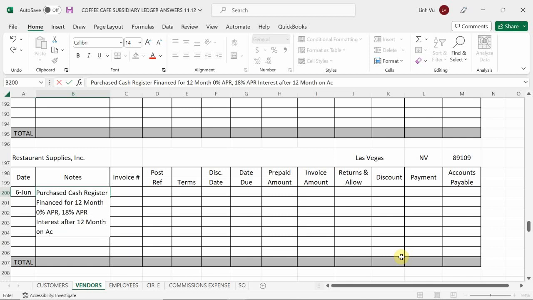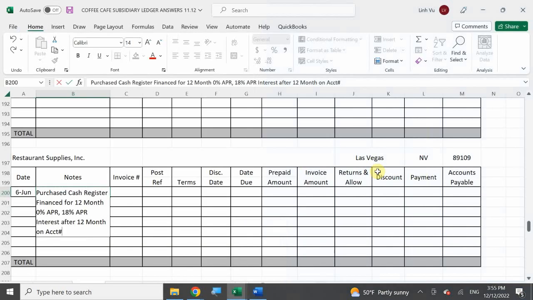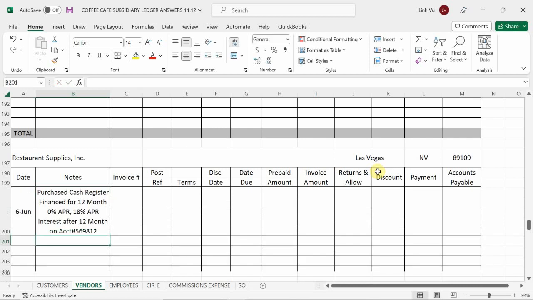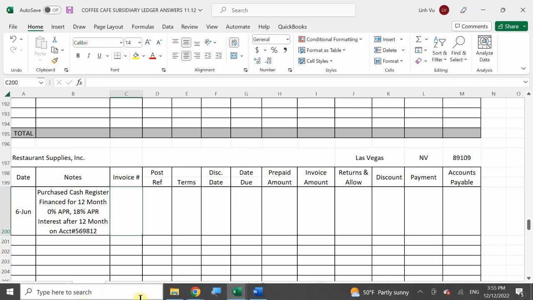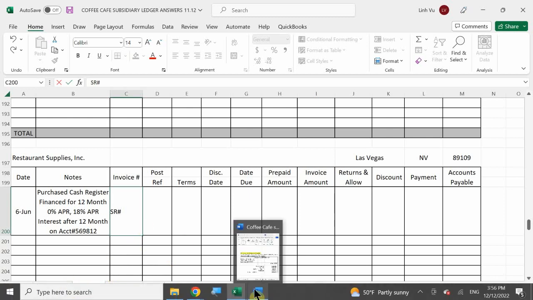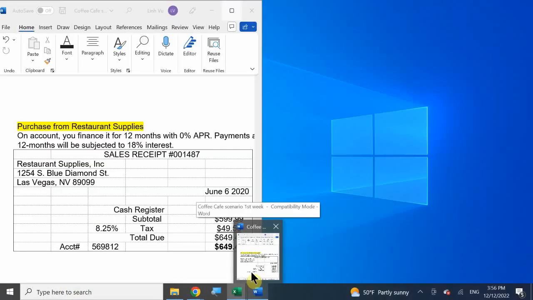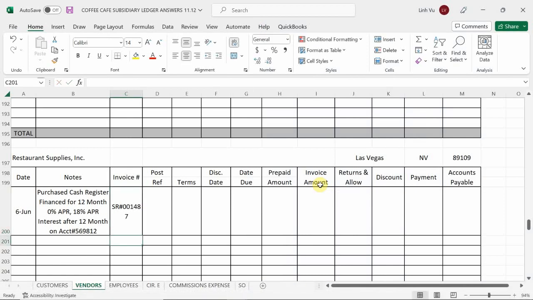On account number 569812. And for the invoice number, in this case I have a sales receipt number, because I purchased it in store: 001487.